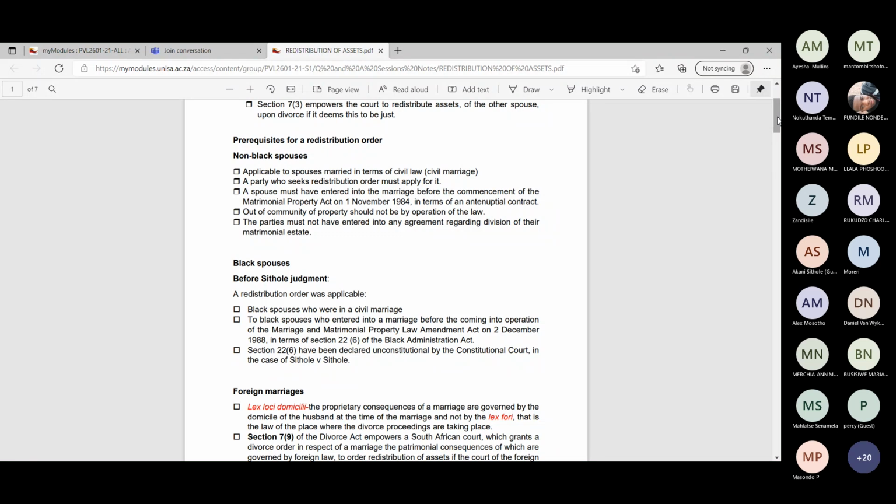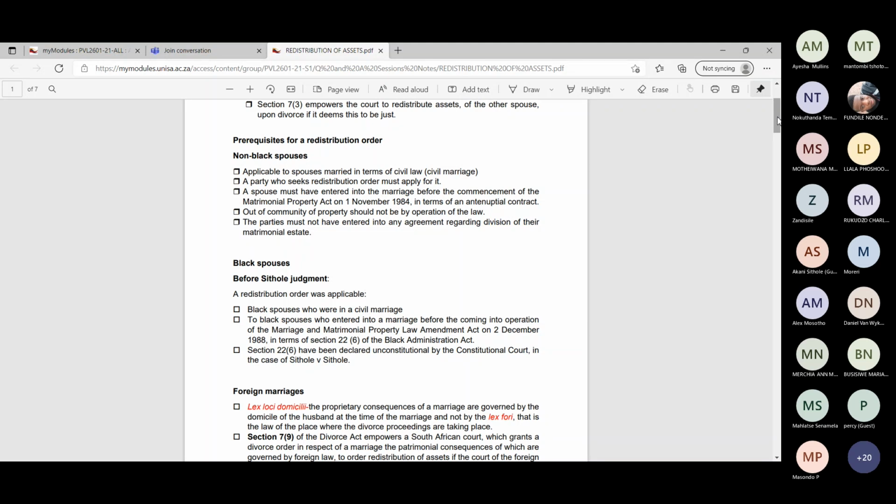This law only applies to spouses who were married from 1 November 1984. So if you got married, let's say in December 1984, and your marriage is out of community of property, and it is agreed that you will be the housewife and the husband will continue working, that wife does not have the right to request the court to order redistribution of the matrimonial assets, because this privilege is only given to spouses who were married from 1 November 1984.